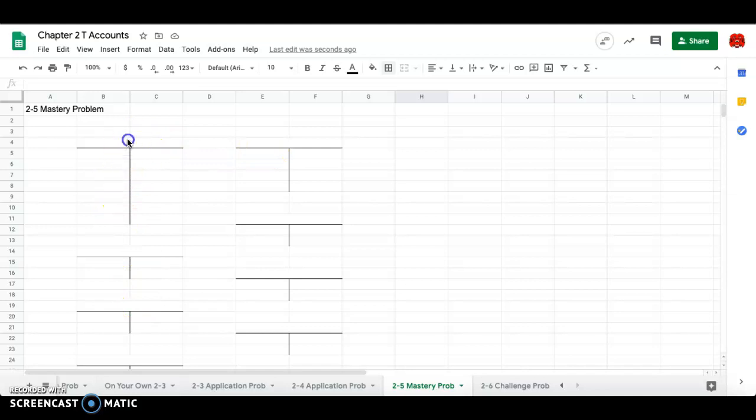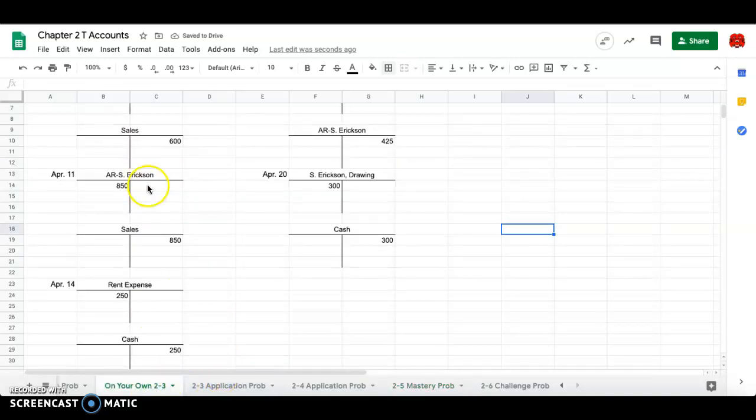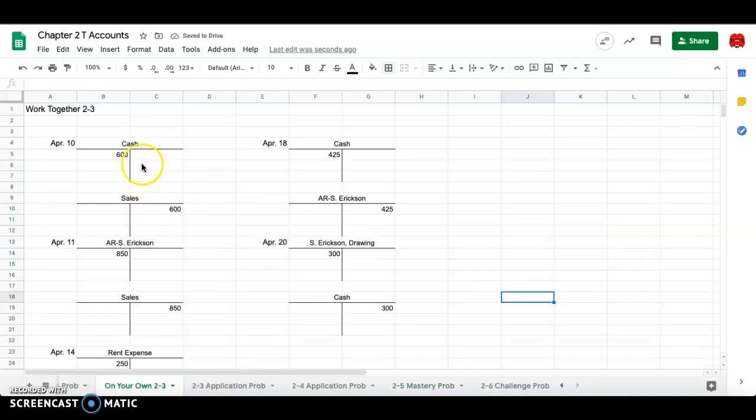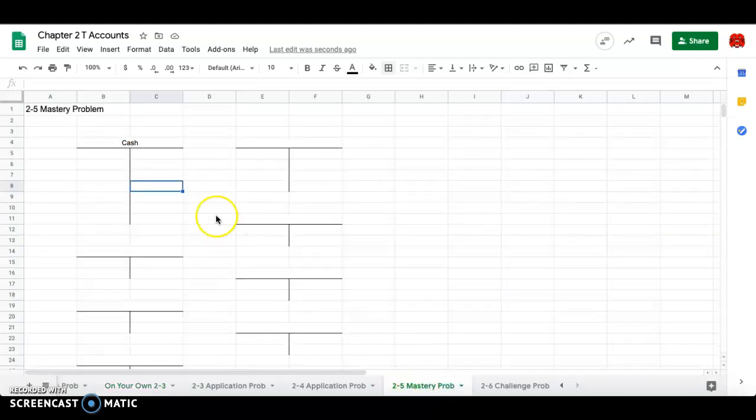So I guess I could just do this one for you. This one's going to be cash. And rather than making a T account like we are here, when you get here, you're just going to use cash, and you're going to be using the debit and credit side.